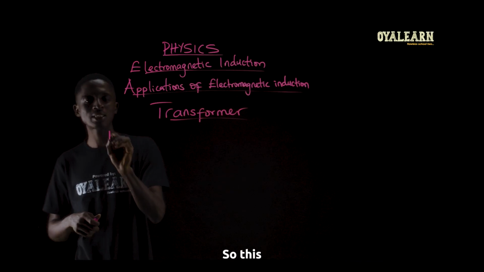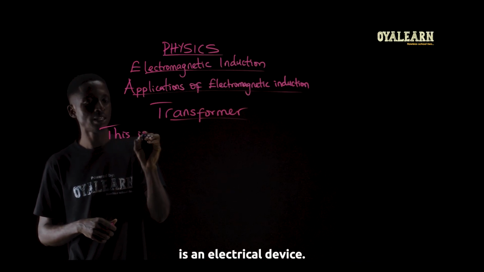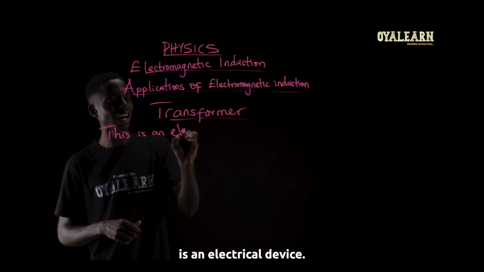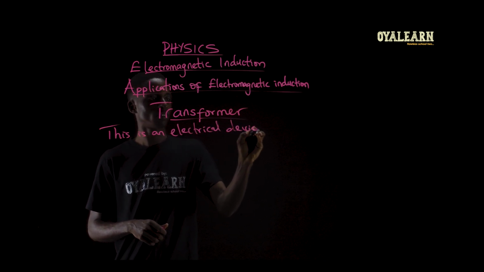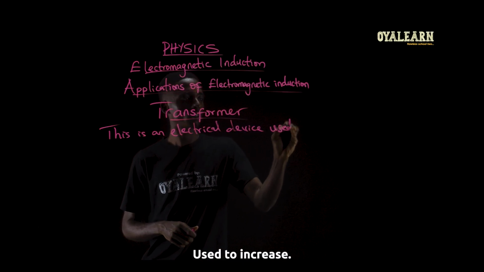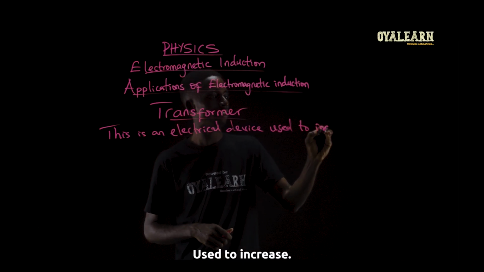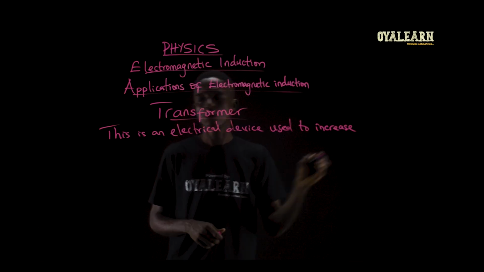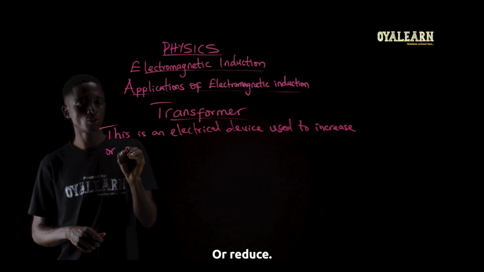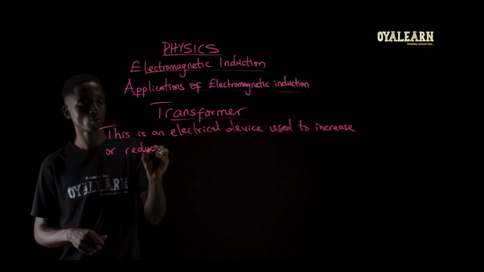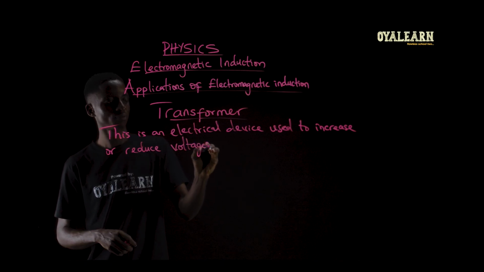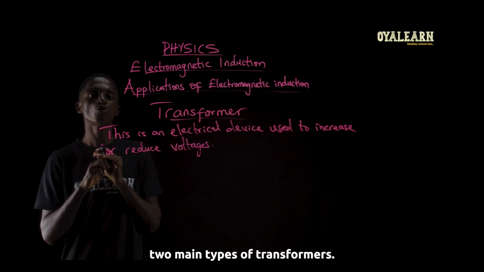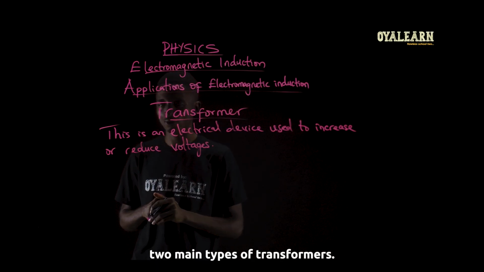So this is an electrical device used to increase or reduce voltages. Now, this is why we have two main types of transformers.